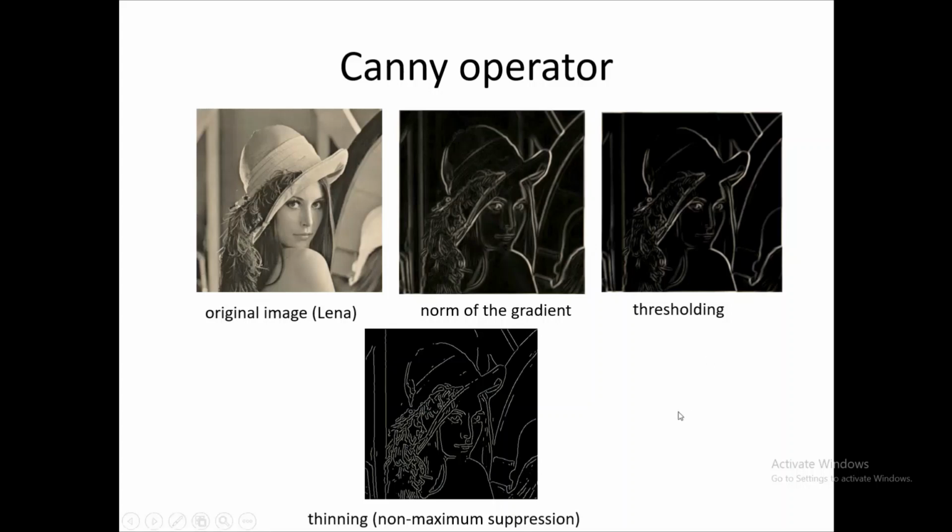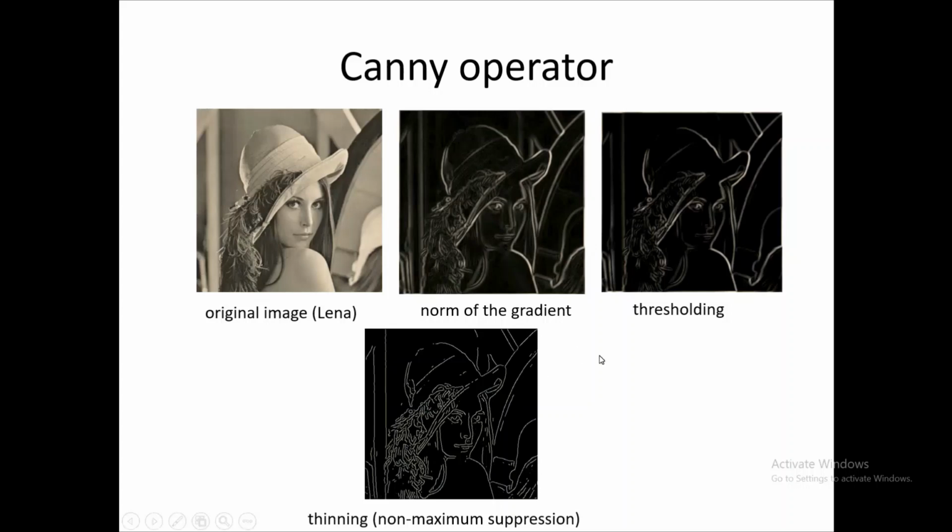We can see here the edges look clearer than just the gradient. Lots of details have been removed, and then we do an operation called thinning, which we call non-maximum suppression. In the thinning we can see it's the thinnest version of the edge.